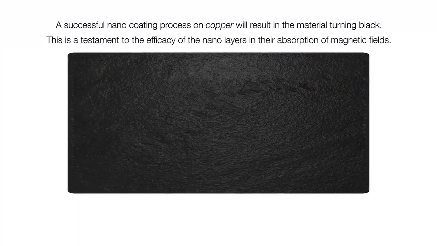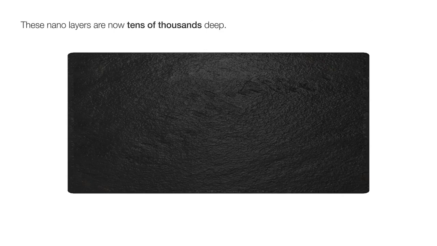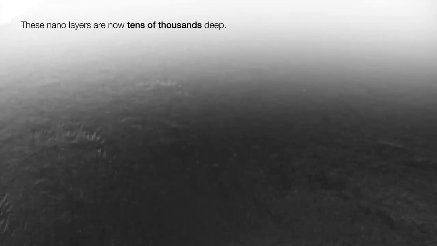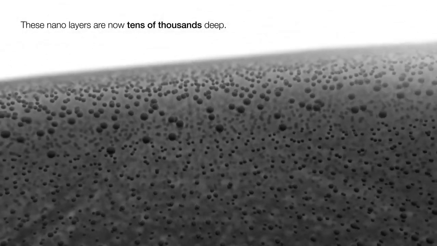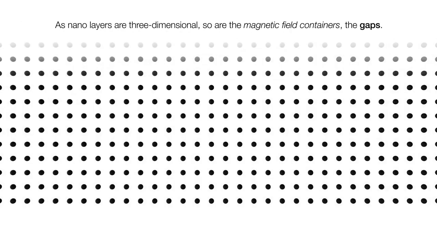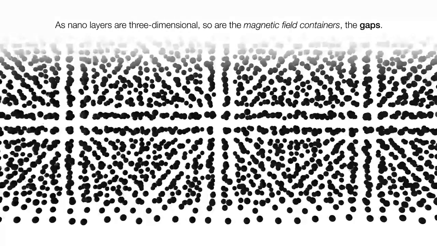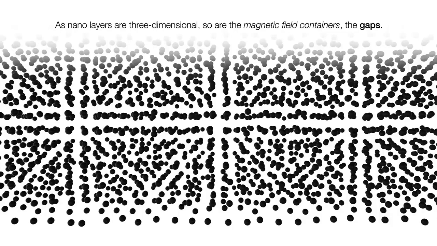This is testament to the efficacy of the nanolayers in their absorption of magnetic fields. These nanolayers are now tens of thousands deep. As nanolayers are 3-dimensional, so are the magnetic field containers, the gaps.